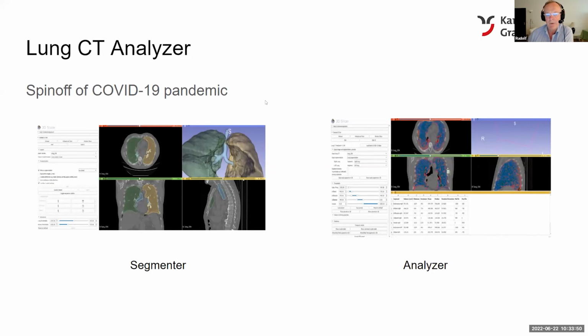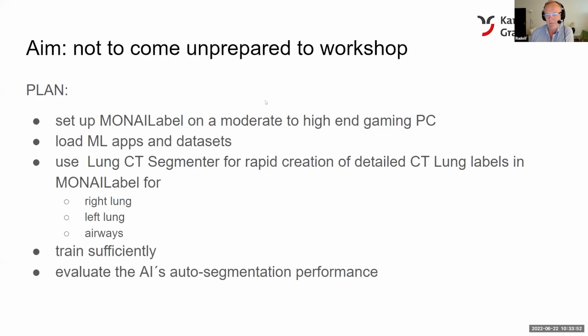When I wanted to come to this workshop, I had already done the January one, but I didn't want to come as unprepared again. So my plan was to set up a MONAI Label server on my own computer, which is a moderate to high-end gaming PC.